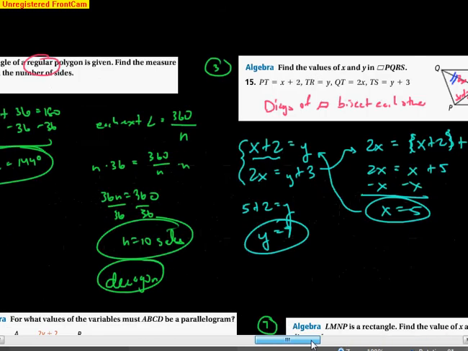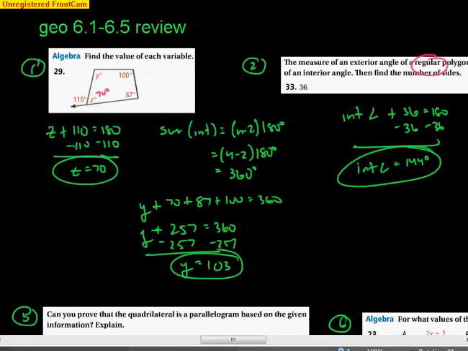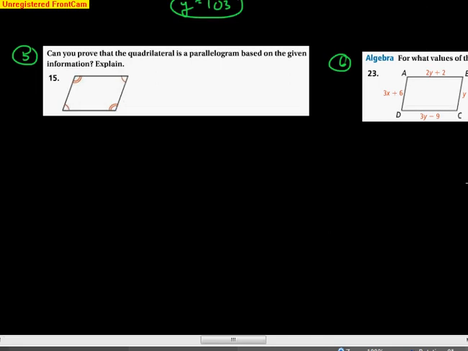Okay, 4 down, 6 to go. Here we go. Number 5. Can you prove that the quadrilateral is a parallelogram based on the information? Explain. Well, let's see what you know. You know that both pairs of opposite angles are congruent. That's one of the properties of a parallelogram.